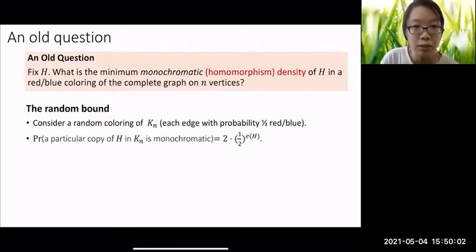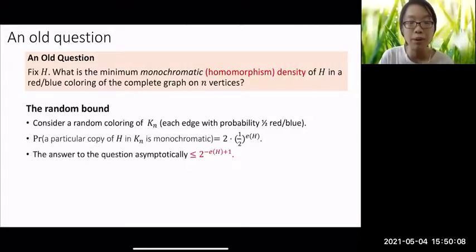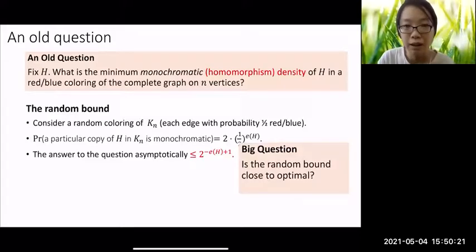By concentration, we have an upper bound on the answer to the old question, because the probabilistic method gives us a construction already. So we know the answer is at most 2 to the minus e(H) plus 1. This is an upper bound. The question is asking whether this random bound is close to optimal, and when it will be close to optimal.